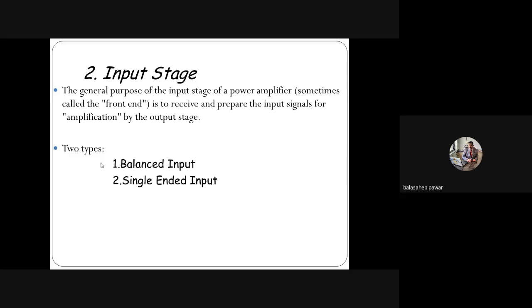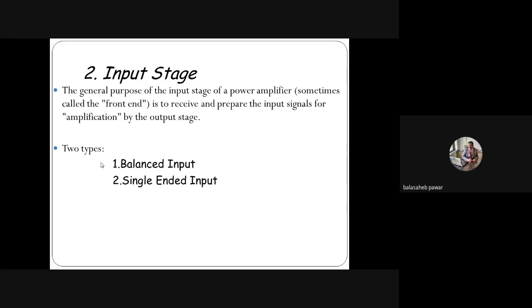That pre-amplifier is basically designed to process very weak signals. Sufficient amplification is also done by using that input stage. So mostly balanced input stage is preferred to have proper amplification, as well as to improve the overall parameters of that amplifier circuit, like its input impedance, noise rejection, etc.